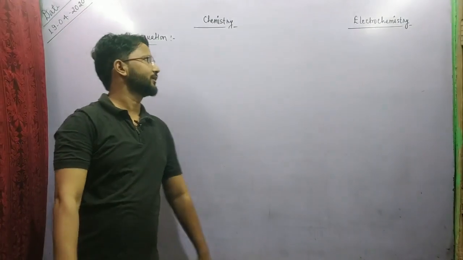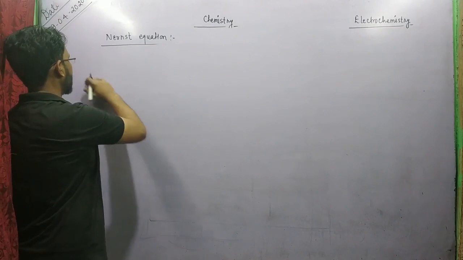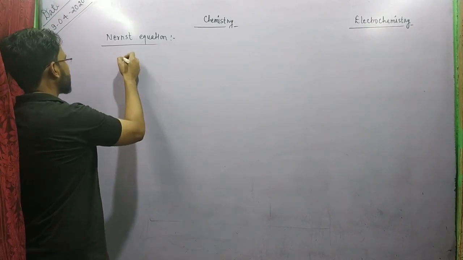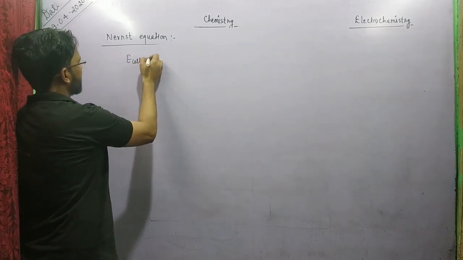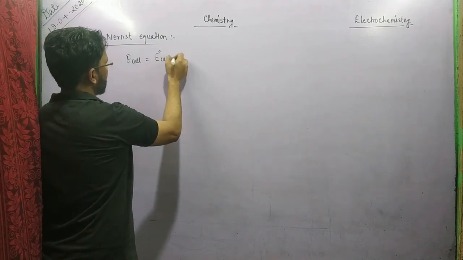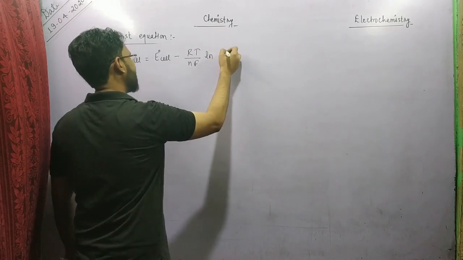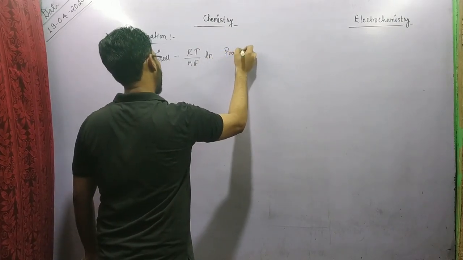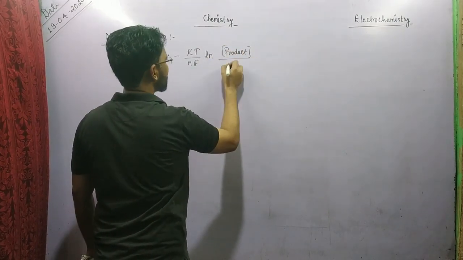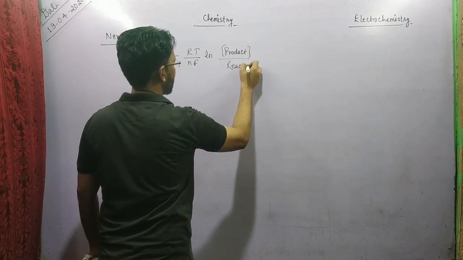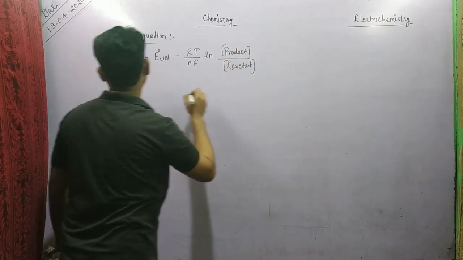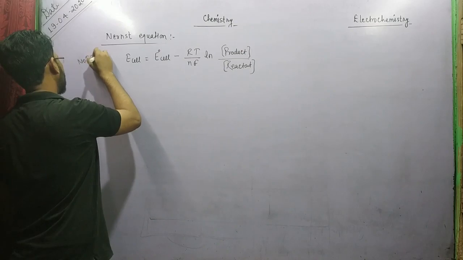Okay, now the next equation. From the last equation, E_cell equals E°_cell minus RT over nF ln of concentration of product over concentration of reactant is the first equation. It is a note point.